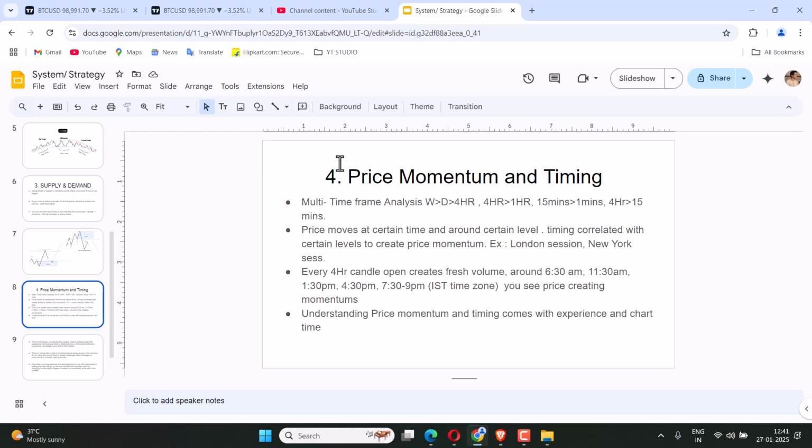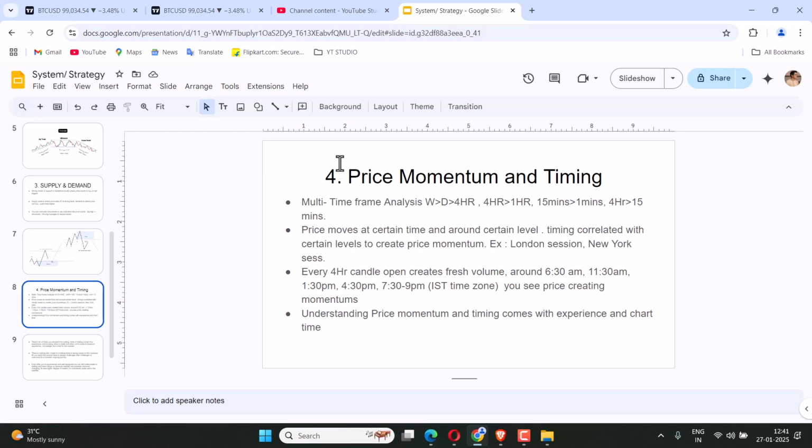Okay, and then again I can drill down to 4-hour, 1 hour, 15 minutes, 1 minute, or 4-hour and 15 minutes. This is the way I do my analysis, and I'll also make another video on how I choose my entry criteria. The more confluences you have, the better your trade plays out.